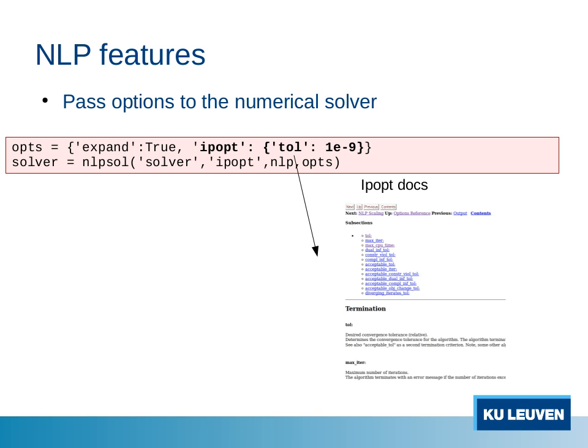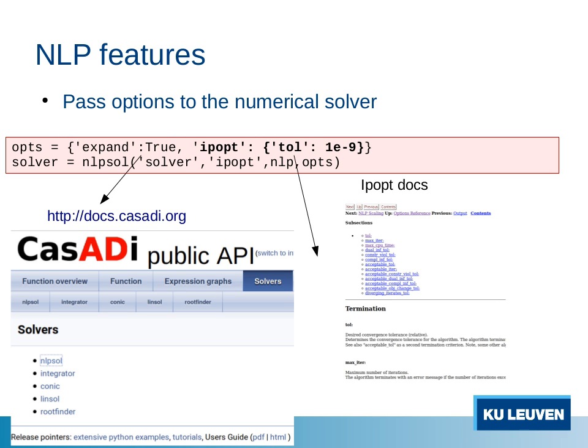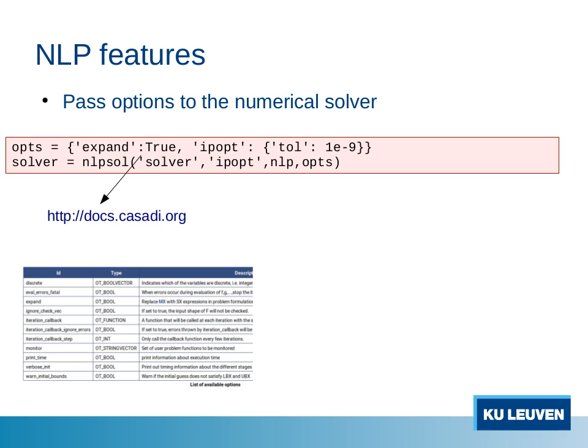There are other options that are CasADi specific, and these you can find in our documentation. If you navigate to docs.casadi.org, for example, click on the solvers list and click on NLPSol, you get a list of possible options.